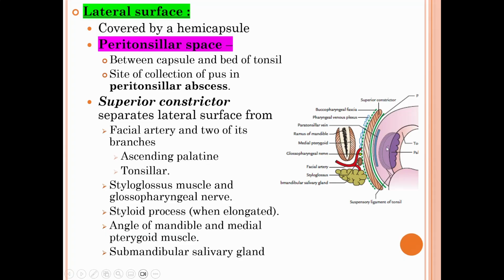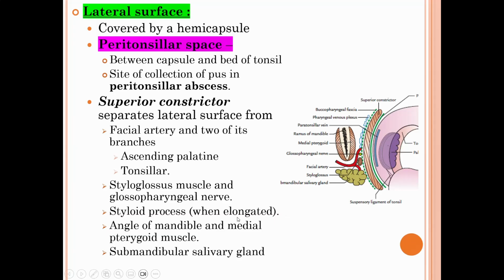Also, what other structures are separated by the superior constrictor from the tonsil? One is styloglossus muscle, coming from styloid to the tongue, and then there is glossopharyngeal nerve. You can see here a nerve is there, a muscle is there, and branches from the facial artery.